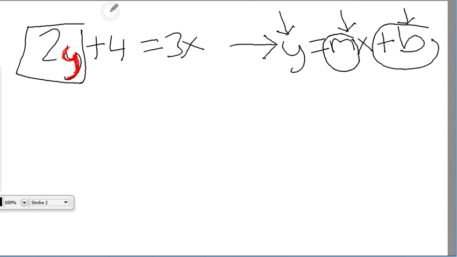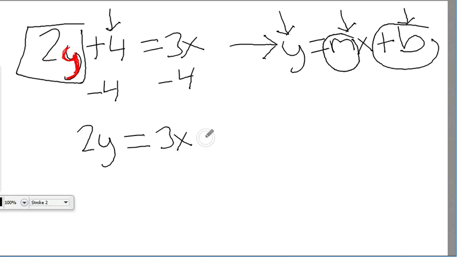The first thing that we need to do in order to get the y by itself is to get rid of the plus 4. The way that we get rid of a plus 4 is by doing a minus 4. So we're going to subtract 4 from both sides of the equation, which leaves us with 2 times y equals 3 times x minus 4.